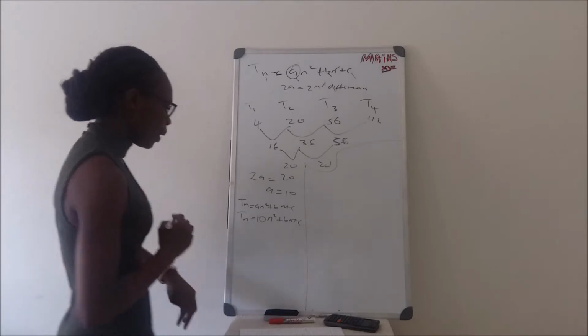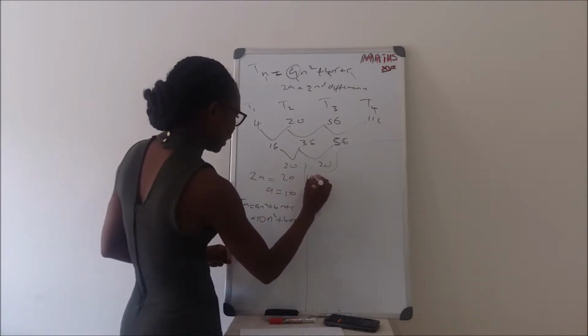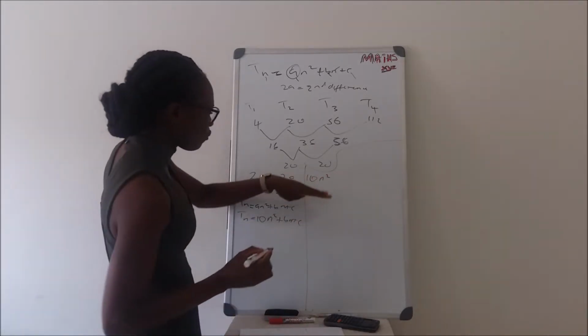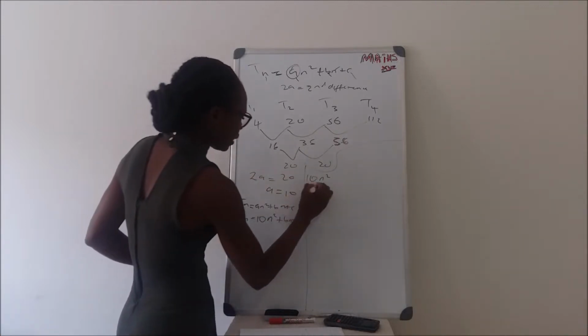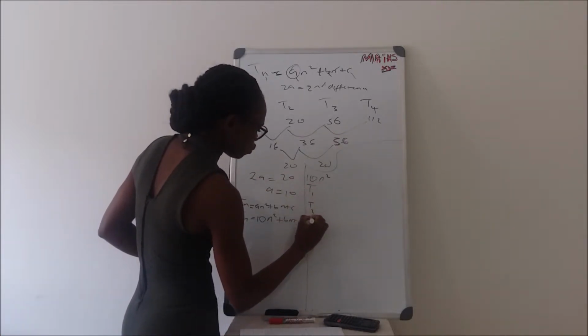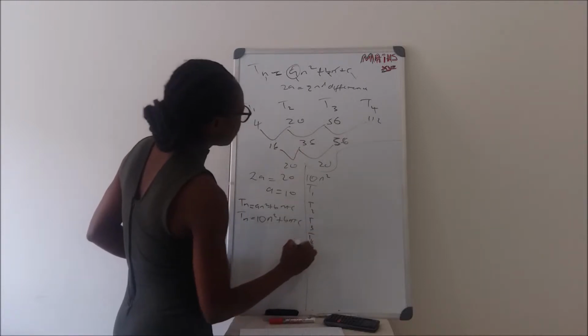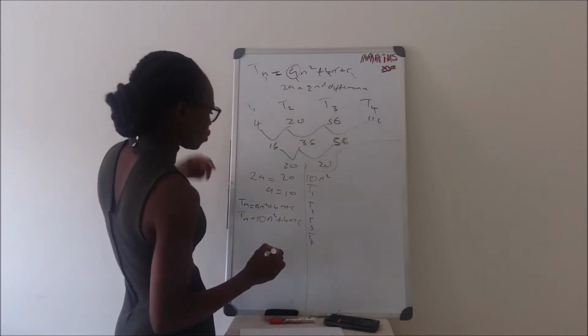So from here, what we do is take this 10n squared and find the expression of 10n squared by substituting t1, t2, t3, t4. We have four terms only there.